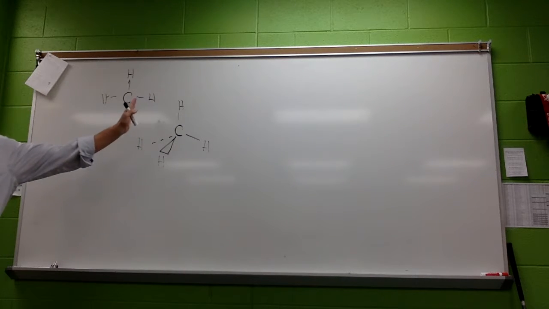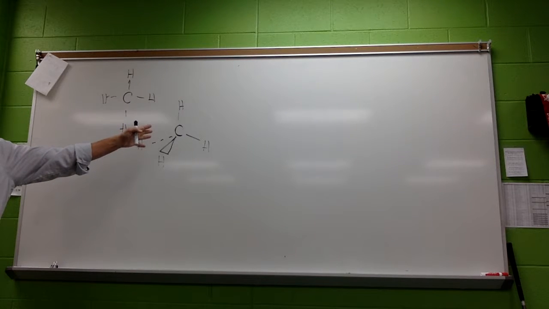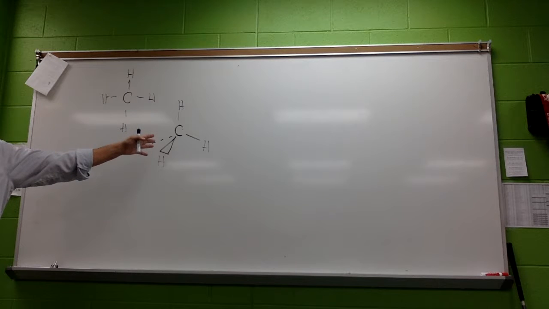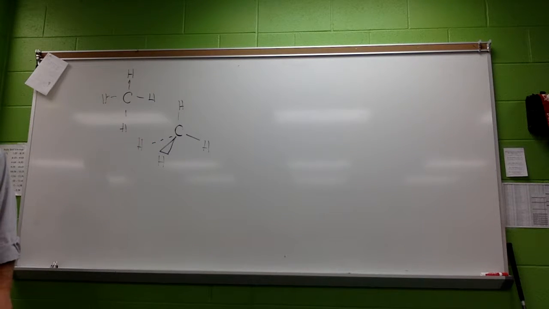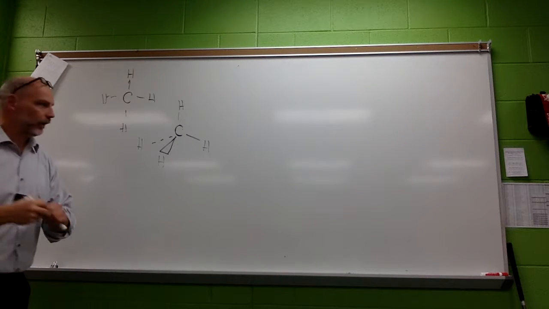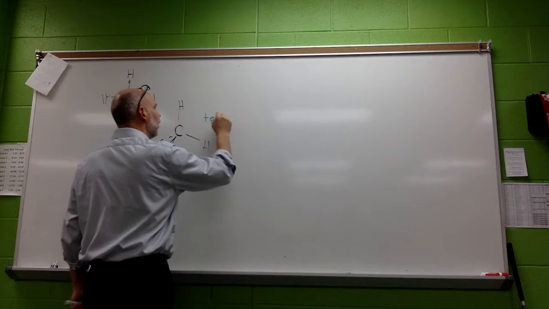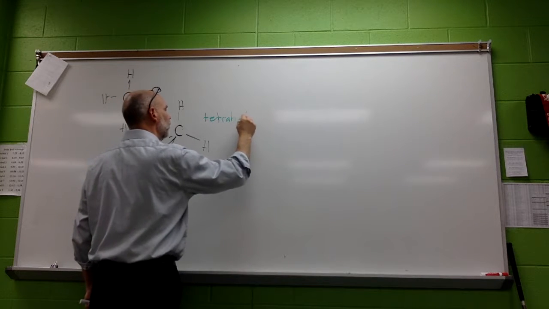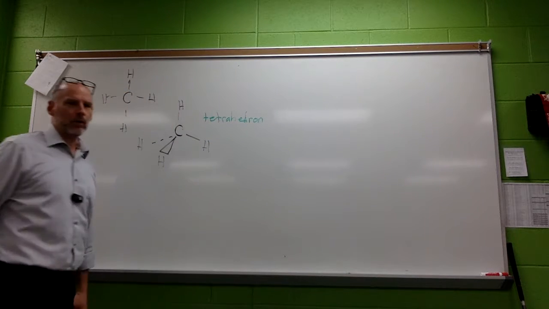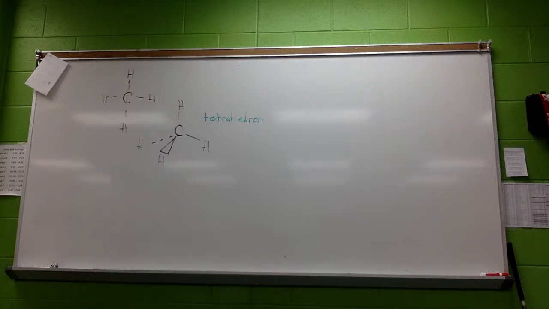Now, how many bond pairs are there? 4. How many lone pairs? 0. So what is the name of the molecular geometry, or the positions of the atoms relative to each other? Tetrahedron. Whatever your paper says, it doesn't matter.